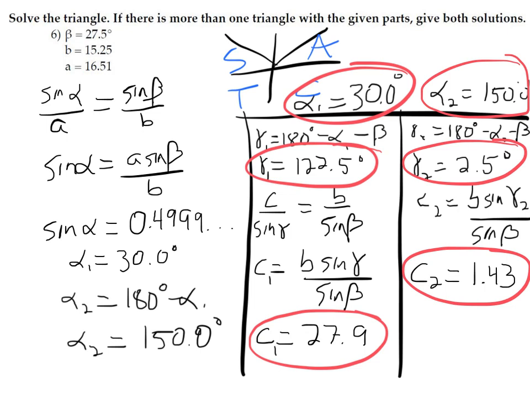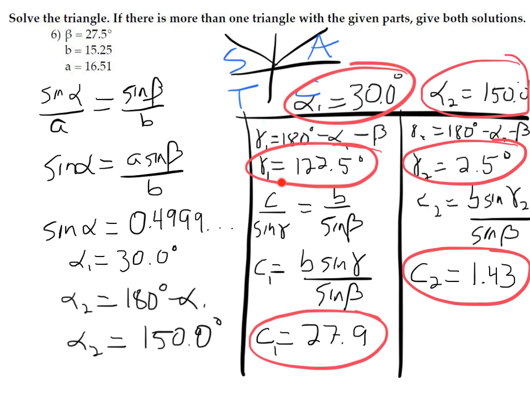We have them labeled alpha 1, gamma 1, C1, and alpha 2, gamma 2, C2, so they're all labeled separately. We can tell these are two different solutions. When you use the law of sines, which you know you're going to do because you have an opposite pair, and you use it to find an angle, in this case alpha, you always go for two solutions, the first quadrant alpha and the second quadrant alpha.